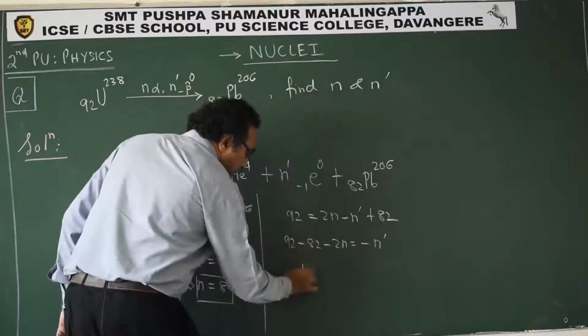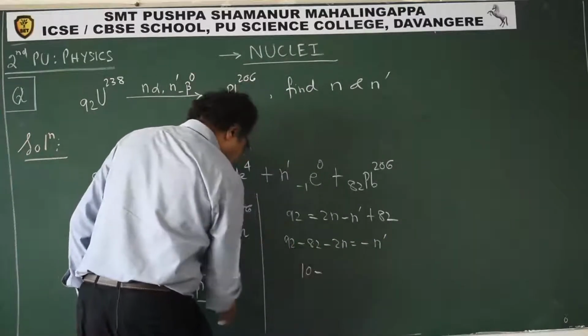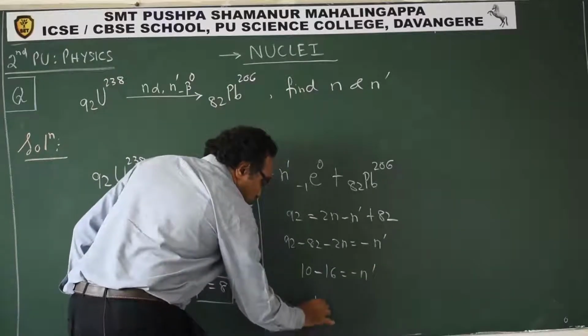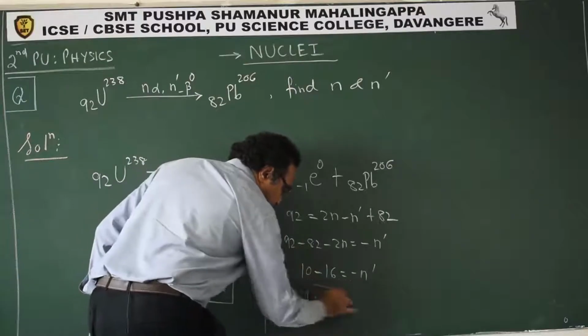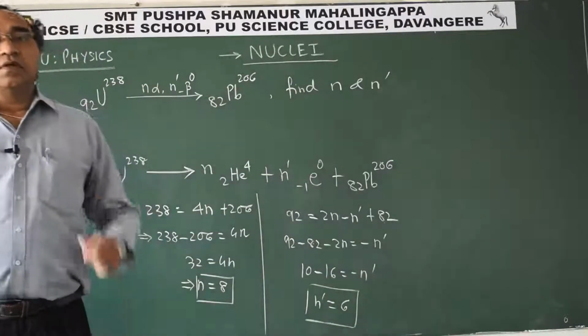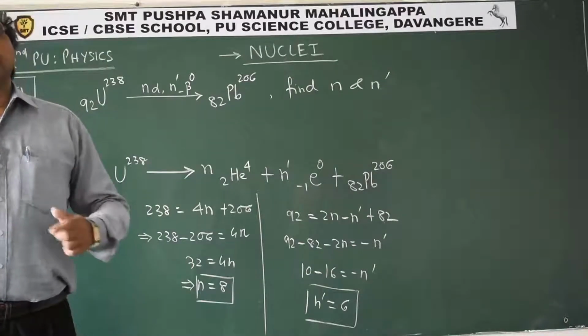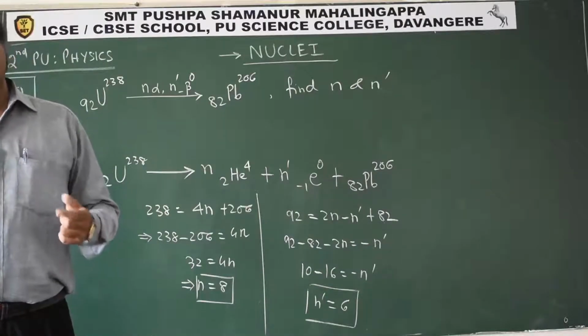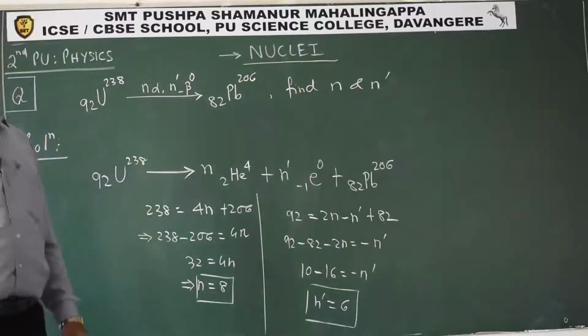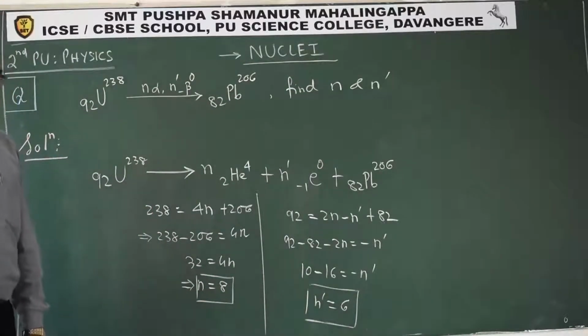So 10 minus 16 is minus n dash. So n dash is 6. This is exactly how we can find the value of n and n dash, that is the number of alpha particles and the number of negative beta particles which are emitted in this particular nuclear reaction.